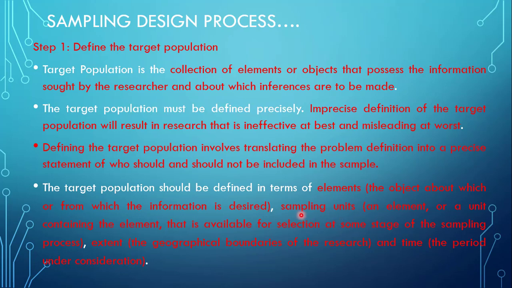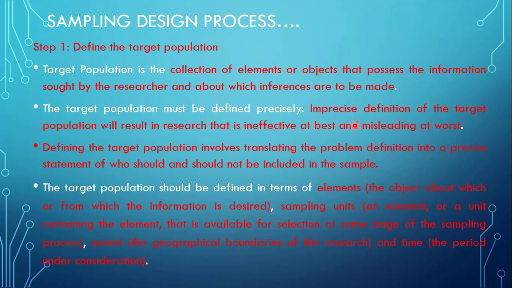Then you are going to see the extent, meaning the geographic boundaries, the geographic locations, and then you are going to consider time, the period under consideration, which period you are going to focus on. So these basic things should be considered in defining your target population. That's the first step, defining your target population.